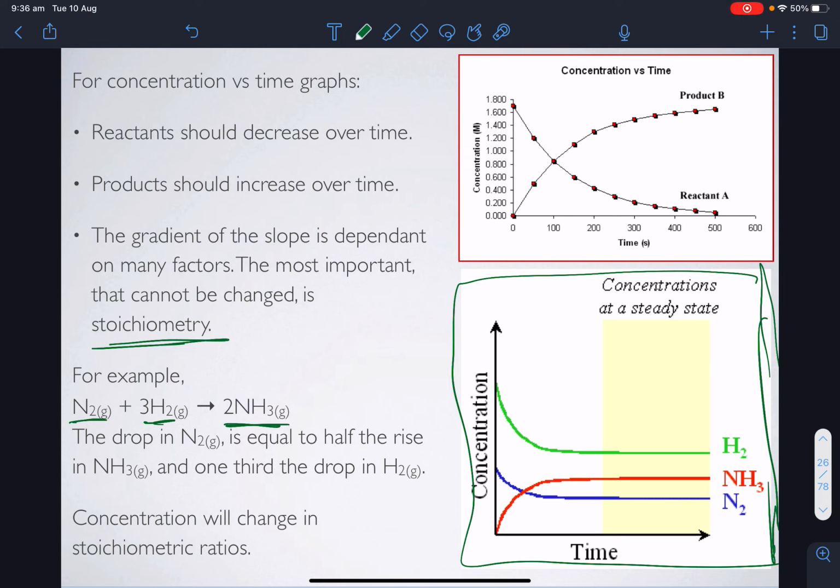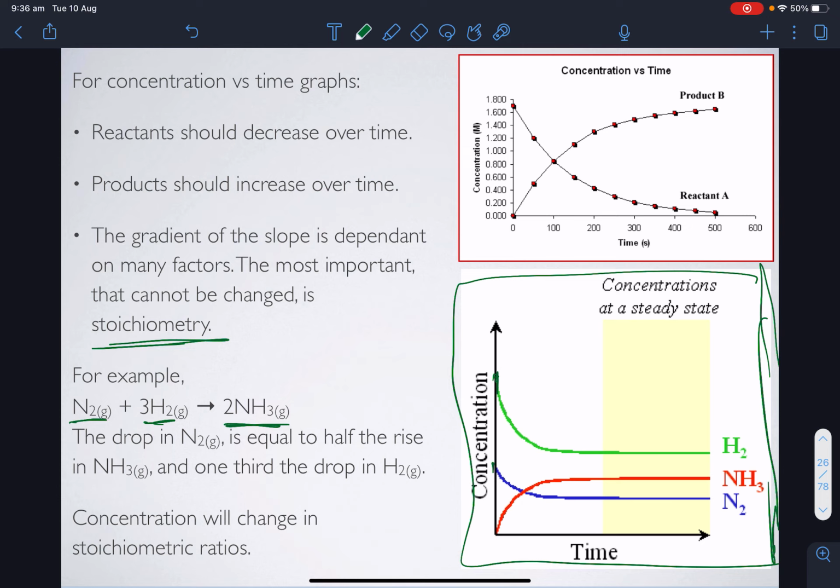You can see that here the reactants are dropping. We've got the hydrogen in green there dropping, and we've got the nitrogen in blue there dropping. But notice that the drop in the blue is not as much as the drop in the hydrogen, okay? Or you can think of the steepness of the curve.